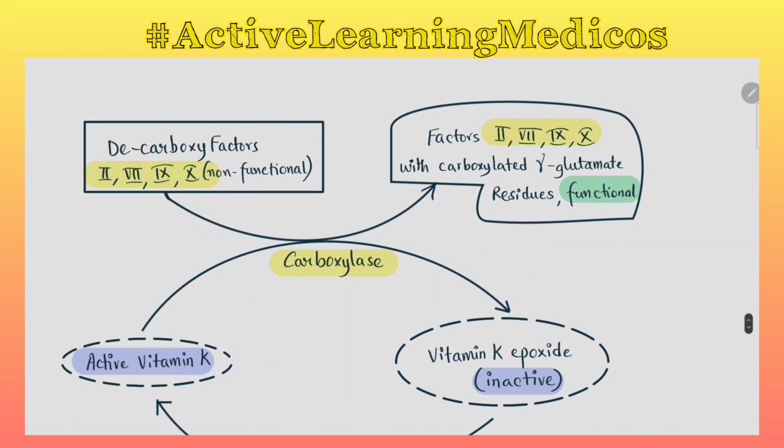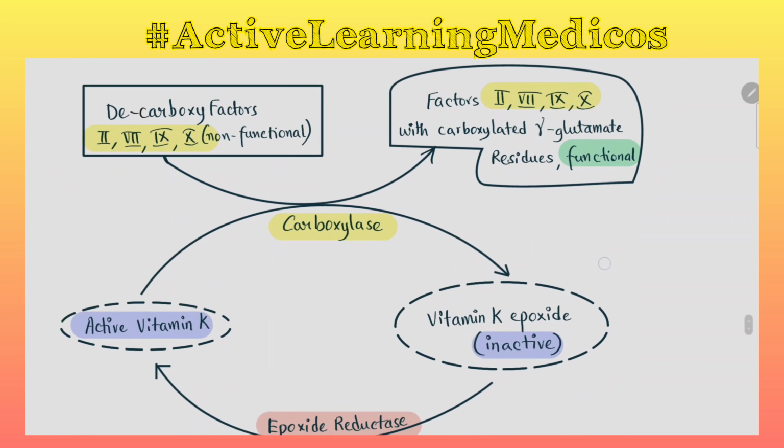The carboxylase enzyme does another thing. Vitamin K gets inhibited or inactivated, and the decarboxy clotting factors, which are actually non-functional, get converted into functional coagulation factors like factors 2, 7, 9 and 10.